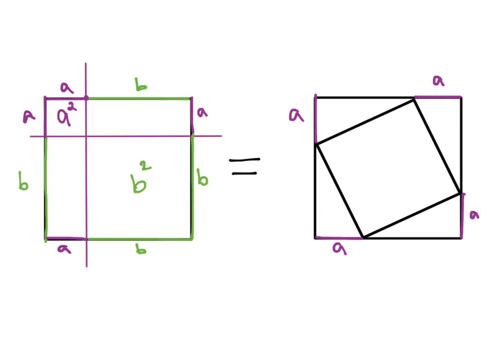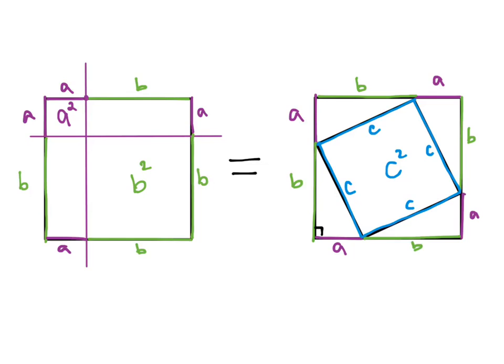Now, the purple lines on the bigger square still represent the same length of A, and the green lines still represent a length of B. So I've cut up the square again into lines that measure A and B, exactly like the lines on the left side, but this time they are in a different order. So A, B, A, B, A, B instead of A, B, A. They follow a different pattern, but the length is the same.